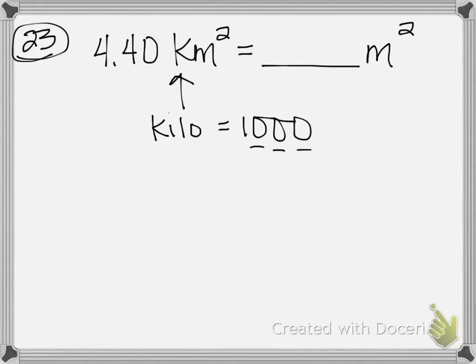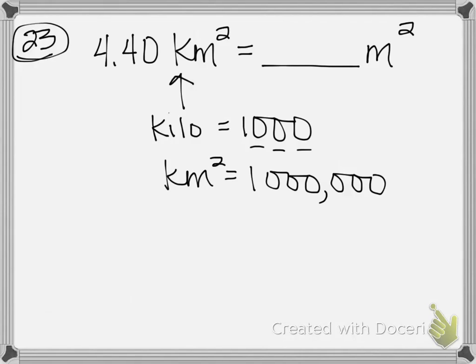But it's not just meters, it's actually meters squared. So we have to move it the double number of places. So if we're talking about kilometers squared, that means a 1 with 1, 2, 3, 4, 5, double the number of zeros, so 6 zeros. So I have to move my decimal point 6 times.